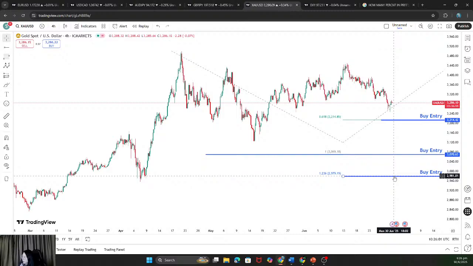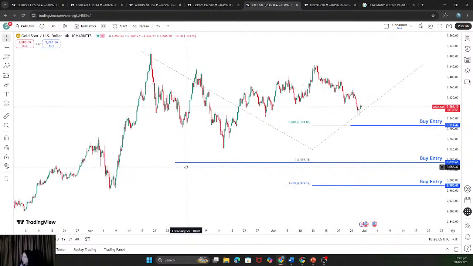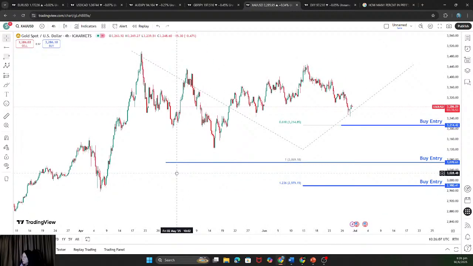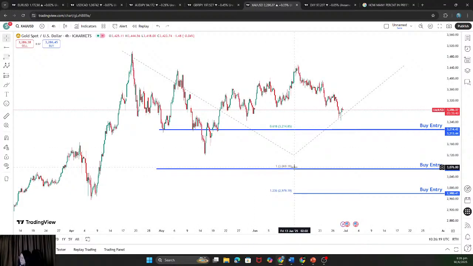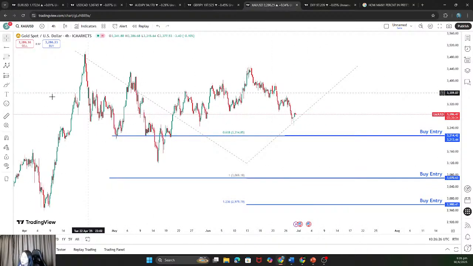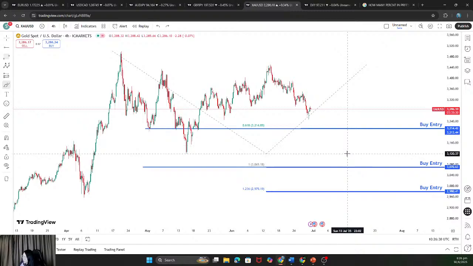I'm gonna eliminate, okay? So it's either, yeah, 1 is looking very possible. Okay, this is a question mark. I cannot narrow down which one to buy from.